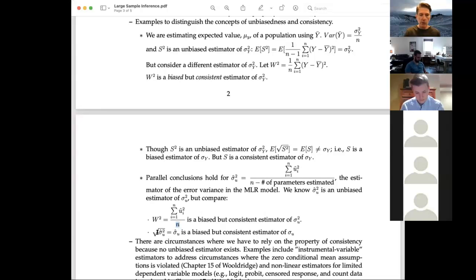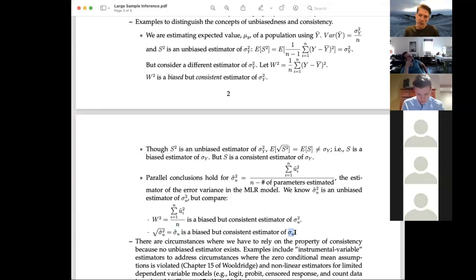If you take the square root of our estimate of the variance of the error term, you get the root mean square error, which is reported in every regression. And it's interesting with respect to the root mean square error that, once again, even though this is an unbiased estimator of the variance of u, the root mean square error is a biased but consistent estimator of the standard deviation of the error term.